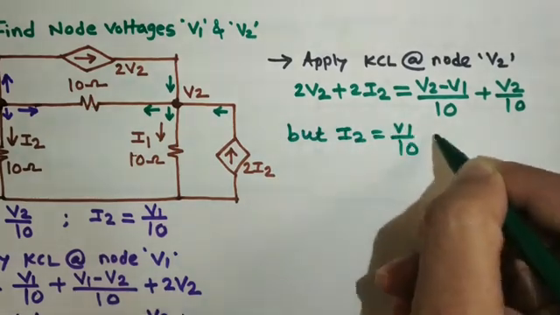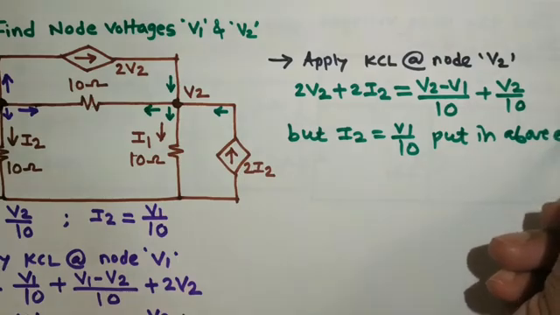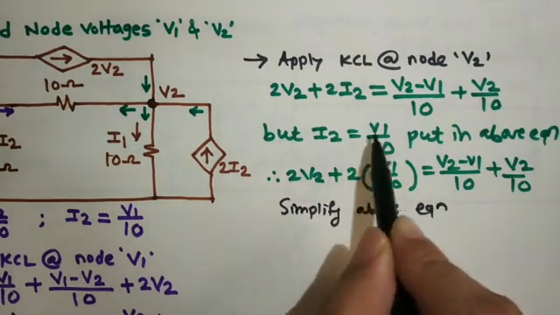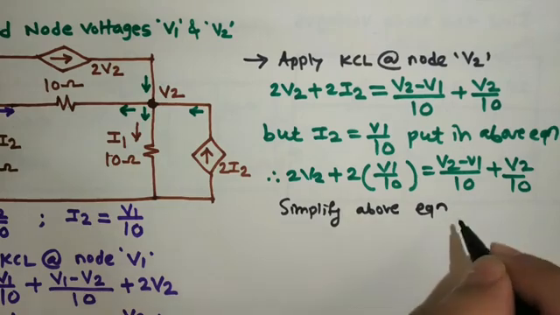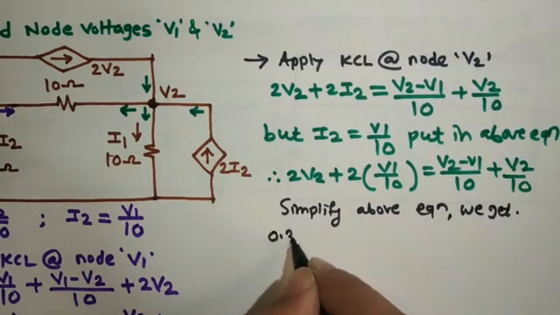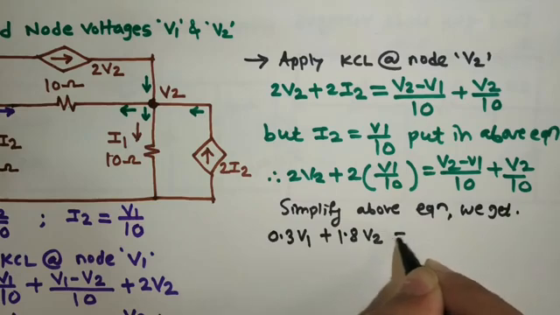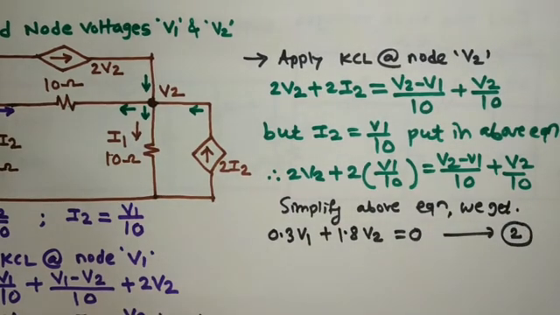Put it in the above equation and rearrange it. So we are keeping the value of I2, which is V1 upon 10, in the above equation and simplifying. What we get after simplification is 0.3 V1 plus 1.8 V2 is equal to 0. Let us call this equation number 2.